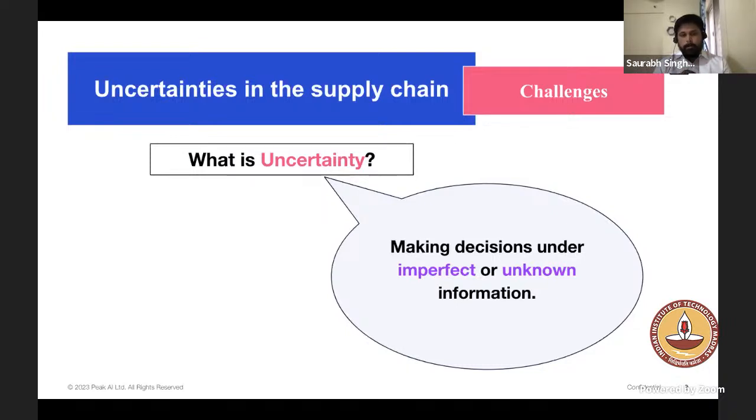A lot of things are there, and an undesired event occurring at any particular stage or at any particular entity level can create some sort of uncertainty in the overall supply chain, which can in turn affect your production line, or it can affect your planning of how many goods you want to produce or supply, and things like that. So with this uncertainty, you have to make a lot of decisions under imperfect and unknown information, and that's why inventory management becomes very challenging.